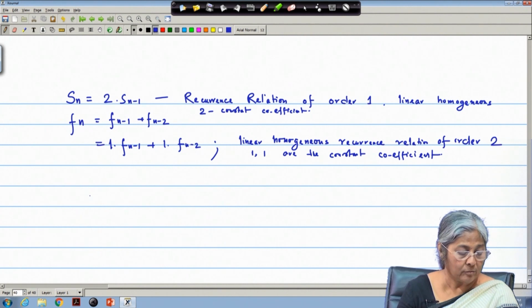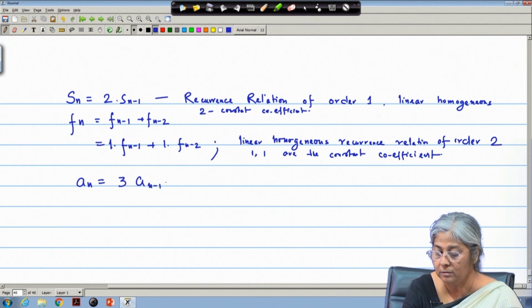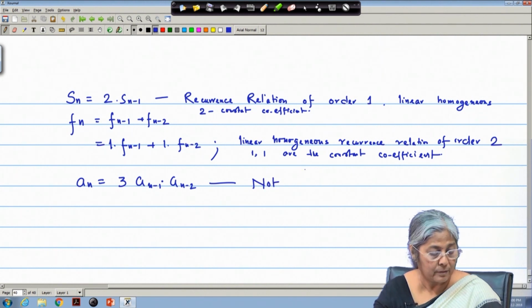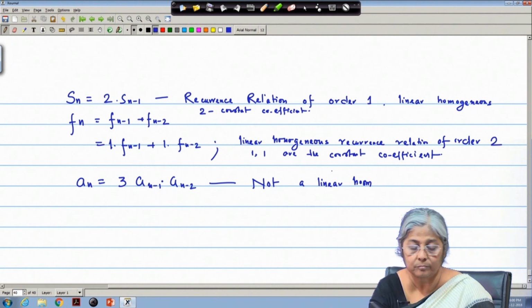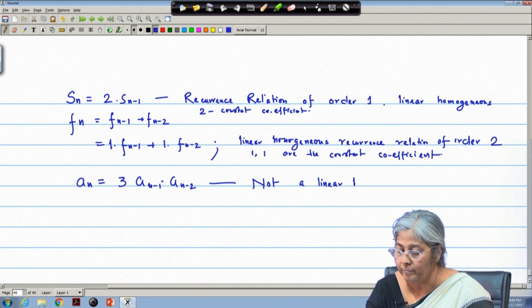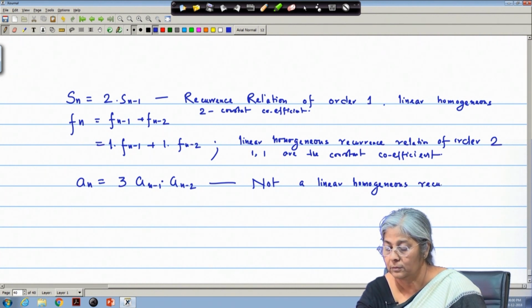Now, if I write a_n equal to 3 a_{n-1} a_{n-2}, this is not a linear homogeneous recurrence relation.